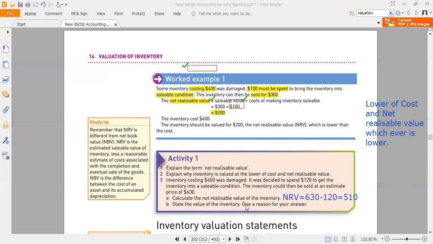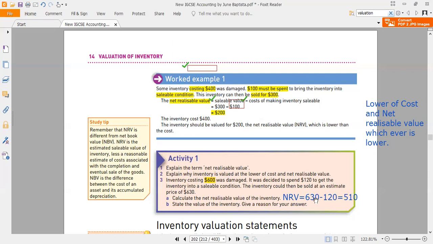And they ask you to state the value of inventory. How much do you have to record as the value of inventory? Give the reason for your answer. How much will you record this month? Now in this situation, 600 is the cost.